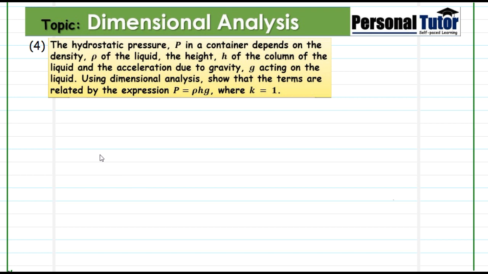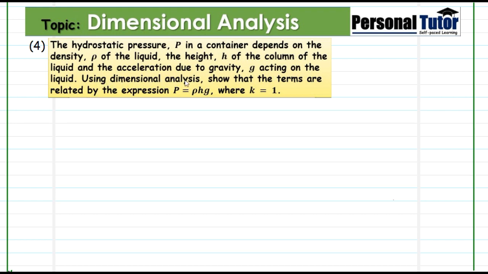Question number 4. The hydrostatic pressure P in a container depends on the density rho of the liquid, the height h of the column of the liquid, and the acceleration due to gravity g acting on the liquid.